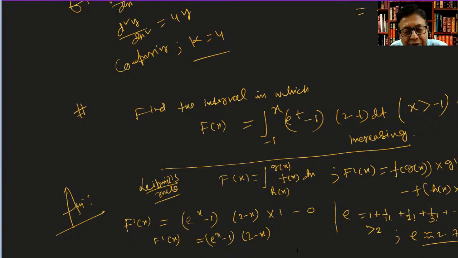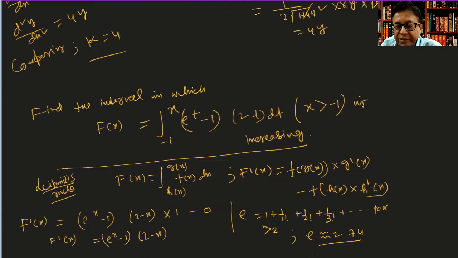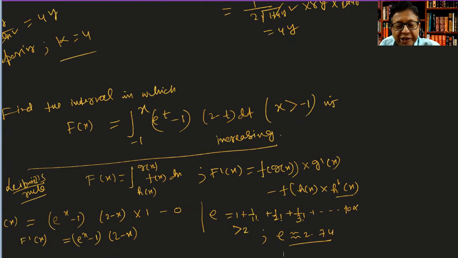You understand what I say? Otherwise, you can plot the graph also. Let us do the graph here for e to the power x. This graph is for e to the power x. Okay?